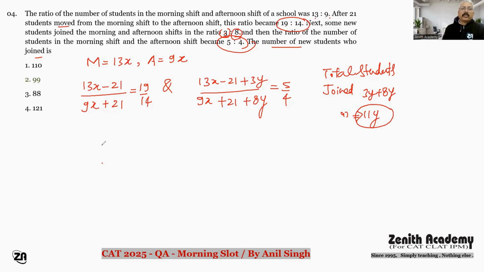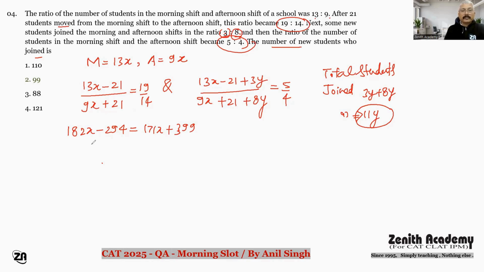So it's a simple matter of calculation, cross multiplications and get the value of x. So 13x minus 21 into 40 is 520x minus 840. And here 19 into 9x plus 21. So 19 times 9 is 171x plus 19 times 21, 399.